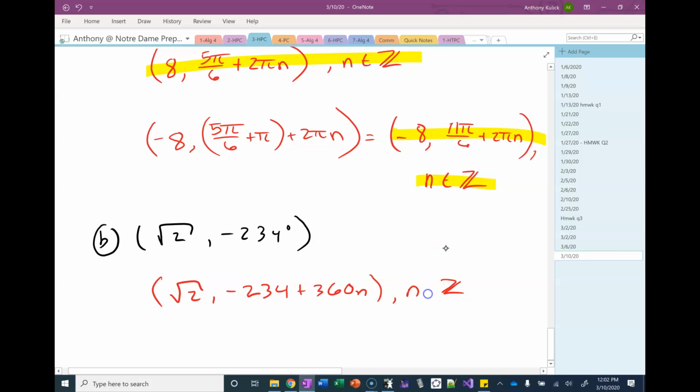Okay, so we have our coterminals. That one should have been easy. And then negative 234 plus 180 gives me negative 54.